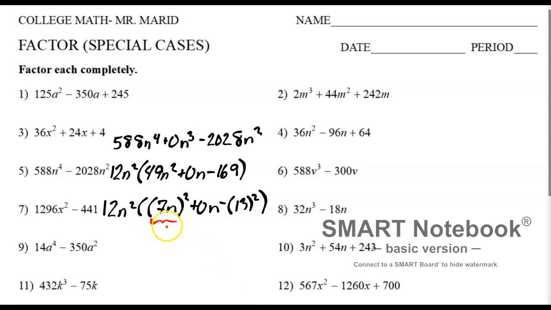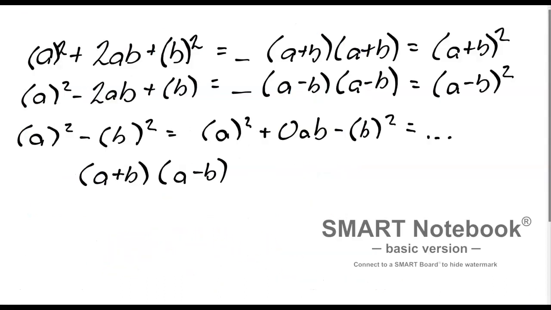I know the temptation is to go really fast. Later on you can. Right now just go a little slow just to really pick up on these special cases. Once you've got your A and your B, you can plug it into this form here.